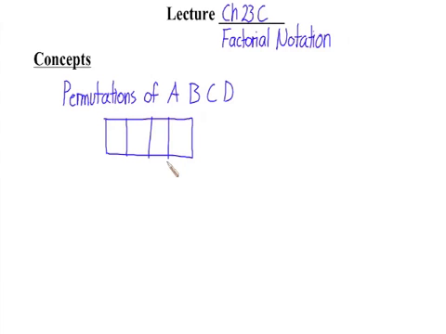So for the first box I have 4 symbols, for the second box 3 symbols, 2 and 1. And if I multiply all of those together using the product principle, I get 24 different permutations.